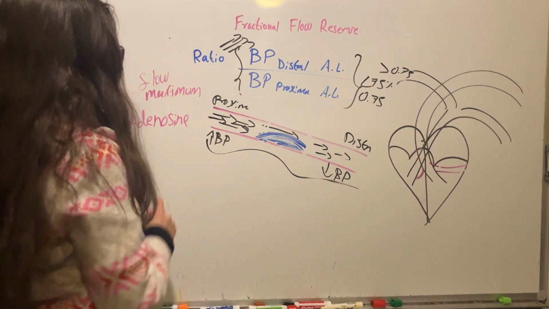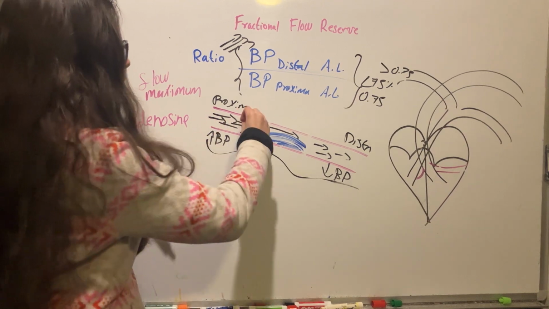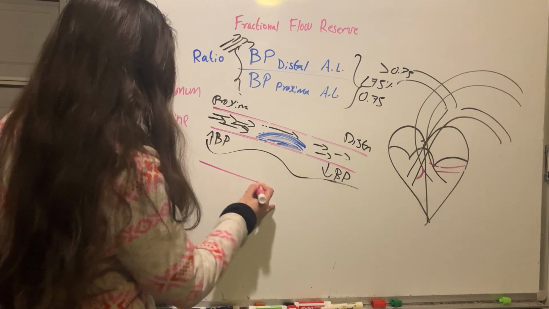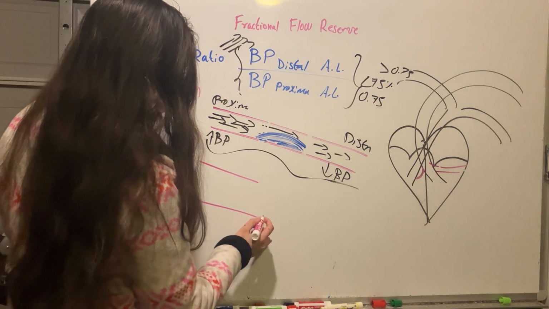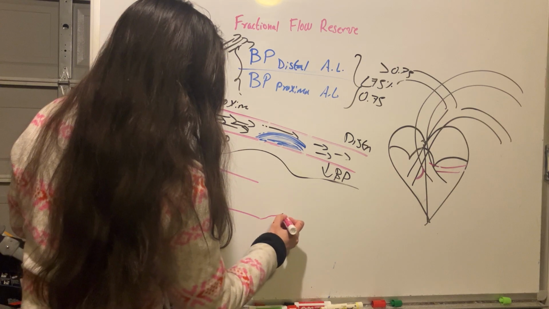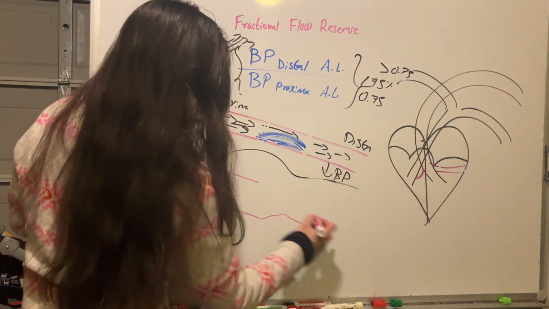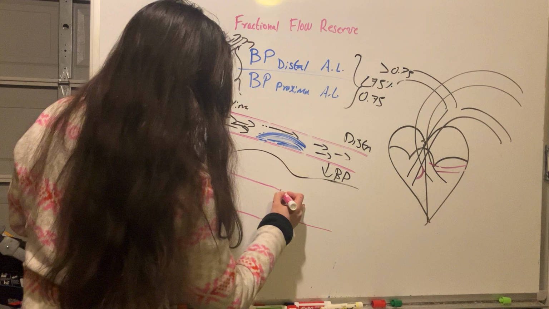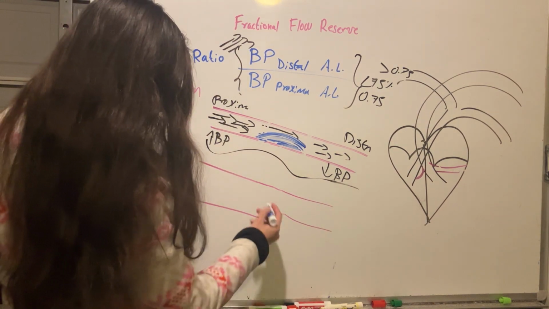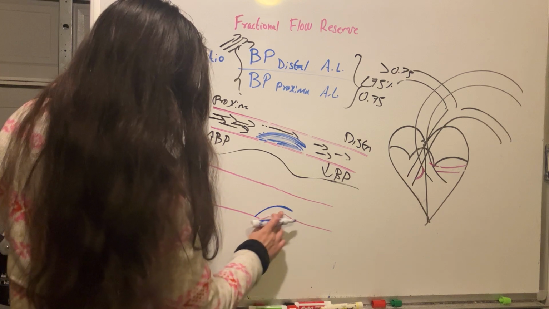So the coronary is going to be dilated. Instead of this size, it's going to be this size, but here is going to be around the same size. So here we have the atheromatous plaque.